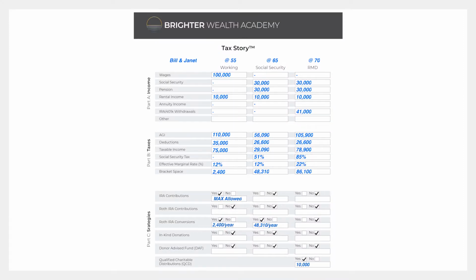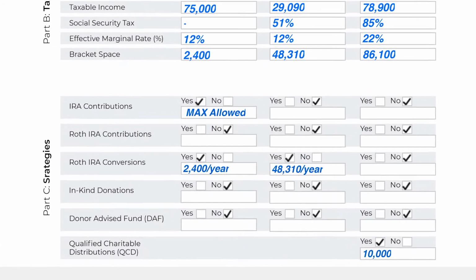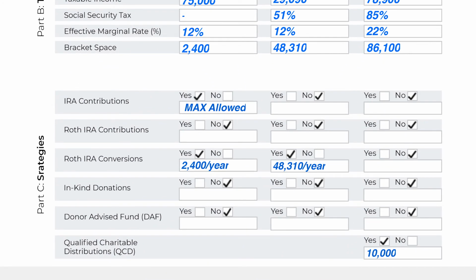The first row, the IRA contributions: you'll notice that in their working years, we selected yes and put in max allowed. The reason is that to contribute to your IRA or Roth IRA, you can only contribute with taxable income. Only in their working years can they even contribute to their IRA or Roth IRA.